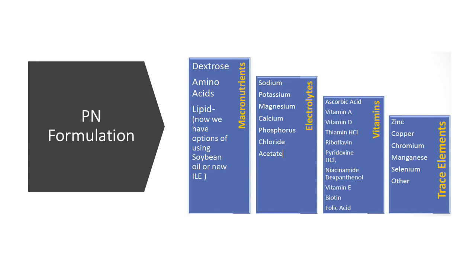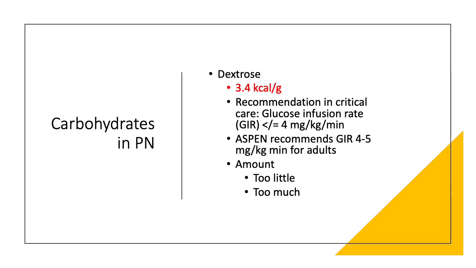And then we have vitamins, so vitamin C, vitamin A, D, thiamine, riboflavin, your B vitamins, vitamin E, biotin, folic acid, and then your trace elements, so your zinc, copper, chromium, manganese, and selenium, as well as a couple others that we can throw in there.